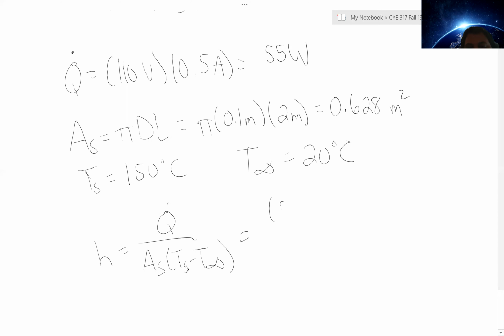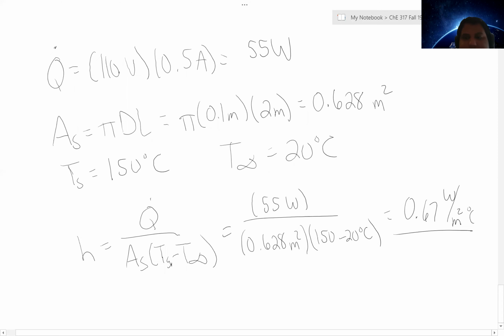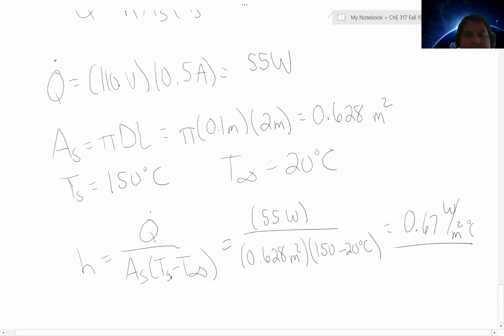Or I have 55 watts divided by 0.628 square meters divided by 150 minus 20 degrees C. This leaves me with watts per meter squared degrees C. And if I do that math, I get approximately 0.67 for my heat transfer coefficient. So, any questions on that example?